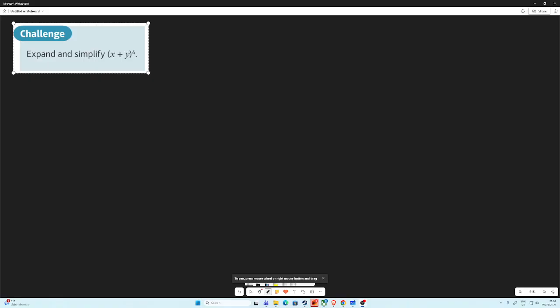Finally, we have the challenge. Expand and simplify x plus y cubed. Okay. Later we'll find that we can do it much easier using binomial expansion, but for now let's use a little trick. So x plus y cubed is basically, using the laws of indices, x plus y squared times x plus y.